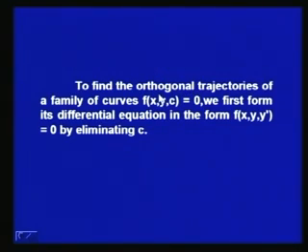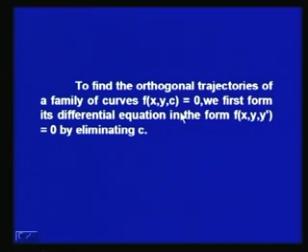Now, let us see how to find the orthogonal trajectories for a given family of curves. Suppose the family of curves is given by the equation f(x, y, c) = 0, then first we form its differential equation in the form f(x, y, y') = 0 by eliminating c.